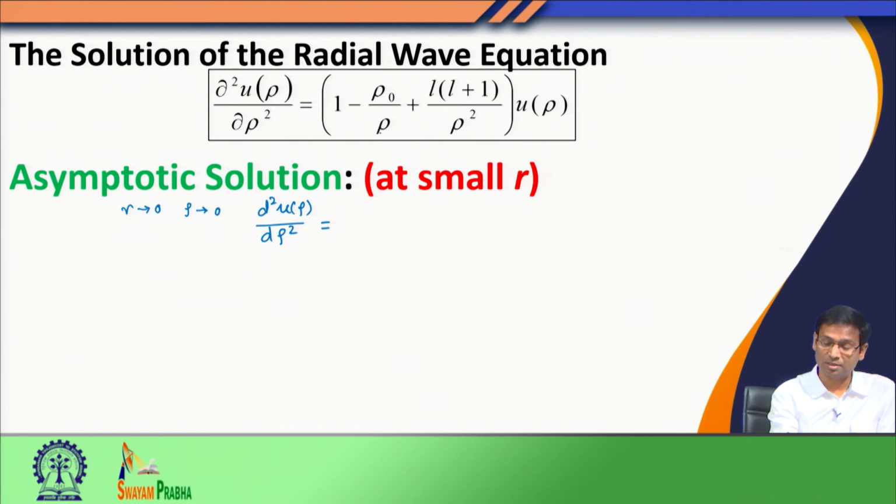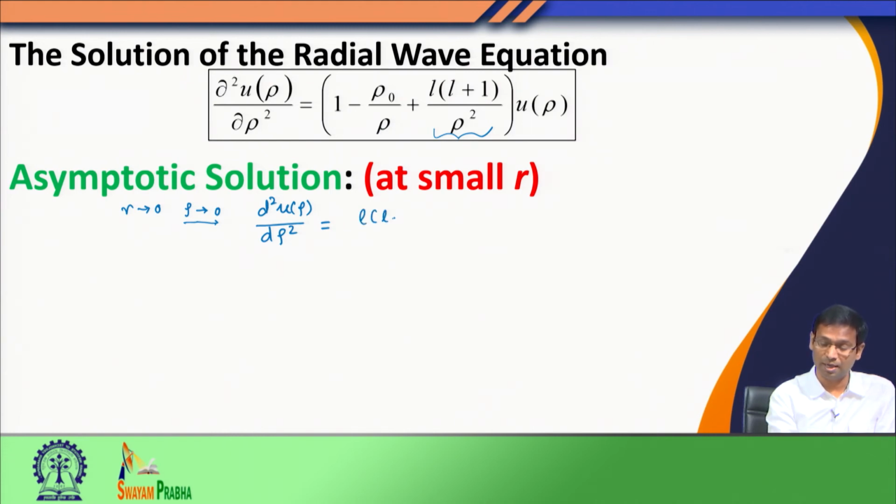When I look at this term, the second term has 1 over rho, the first term is simply 1. So, when rho is very small, the 1 over rho term will be a very large term compared to 1, and furthermore, this third term will be even greater than the second term and of course, the first term. So, in the limit rho goes to 0, I have only this term which will become very significant compared to the other terms.